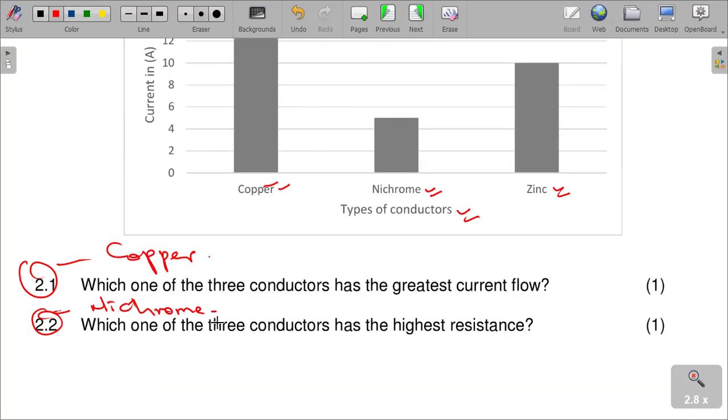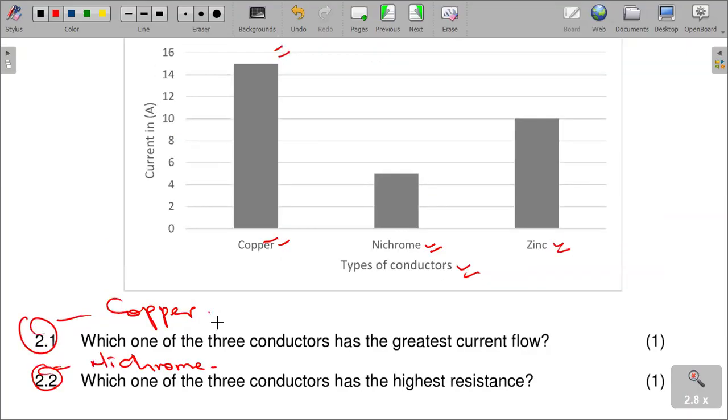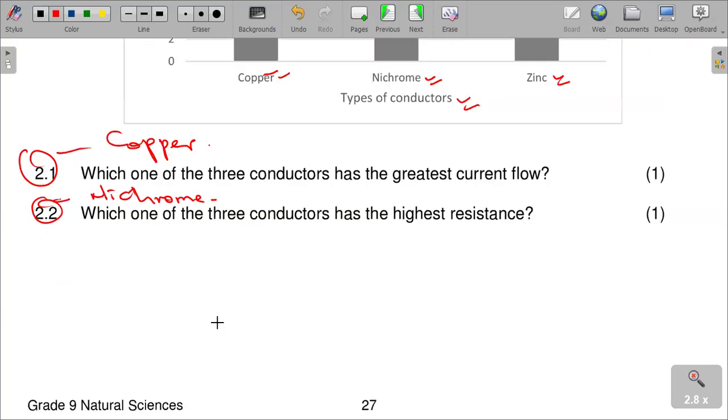Nichrome is a type of conductor of electricity, but it has got the highest resistance, meaning it would have a low current flowing. So it is copper that has got the highest current flow, and the least current flow or the highest resistance is found in nichrome.